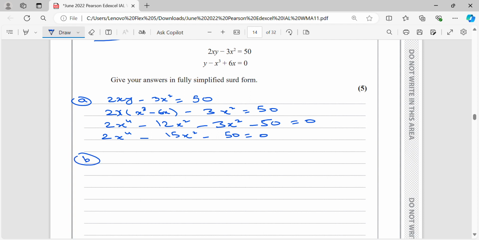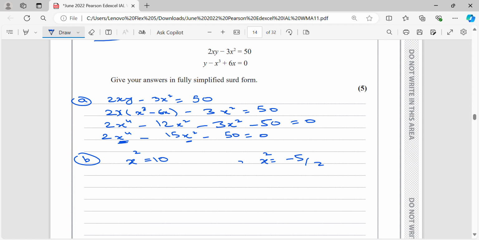So if I do the factorization here, if I use a calculator, so 2 and then minus 15 and then negative 50, I'll get one value, 10, and another value, minus 5 over 2. Okay, but these are not the values for x, these are the values for x squared, because we have x raised to power 4 here and x squared here. So these are the values for x squared.